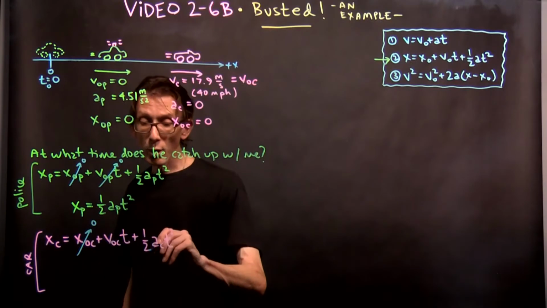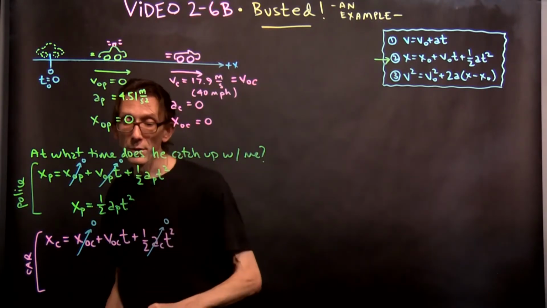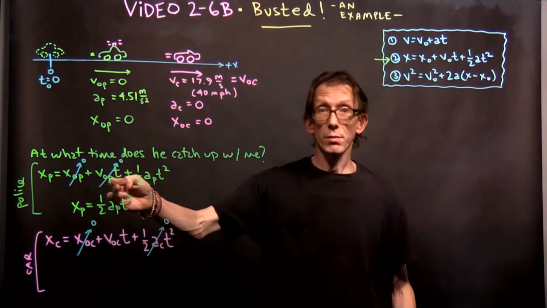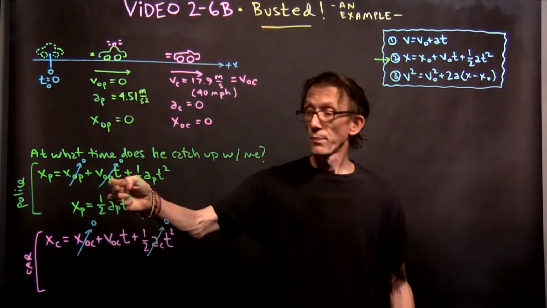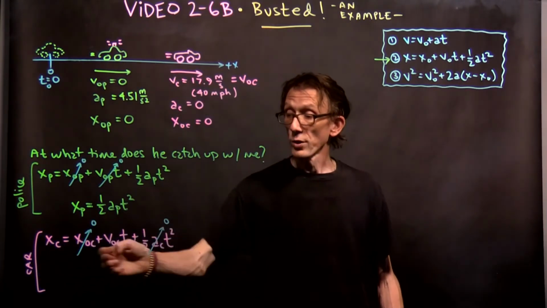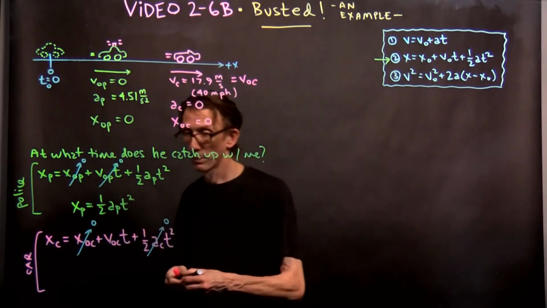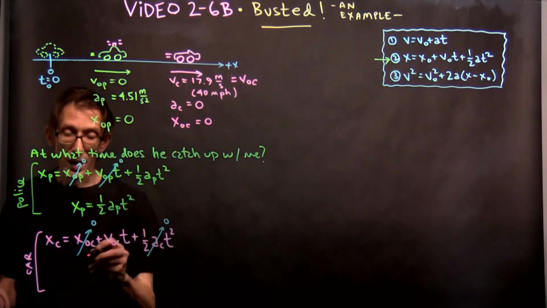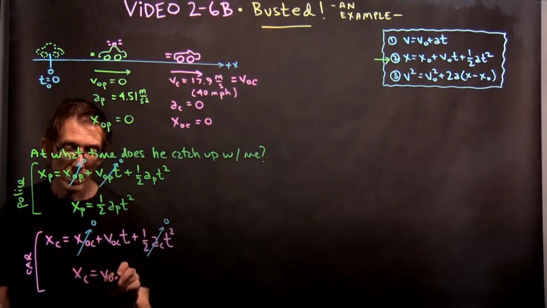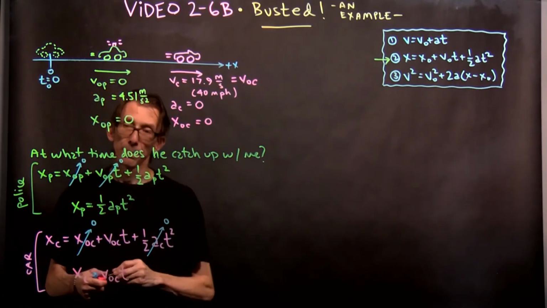So again, two terms equal zero, but they're different terms. For the police car, it was the first and second terms in the equation. For the sports car, it's the first and third terms that are zero. So what we get here is x sub c is v naught c times time.